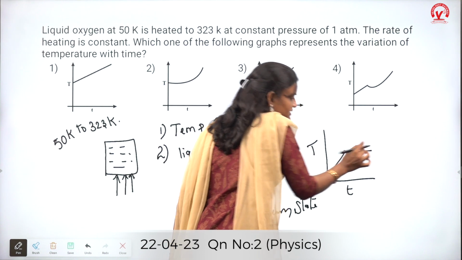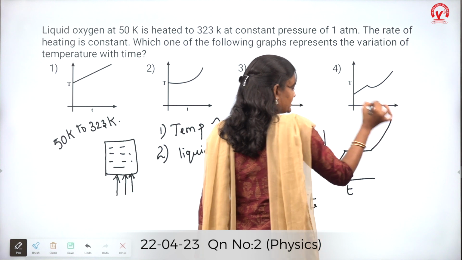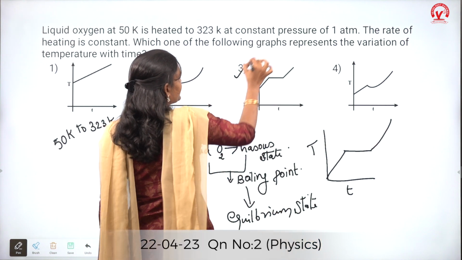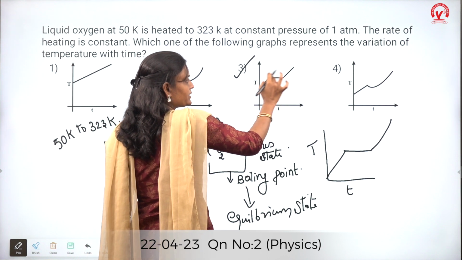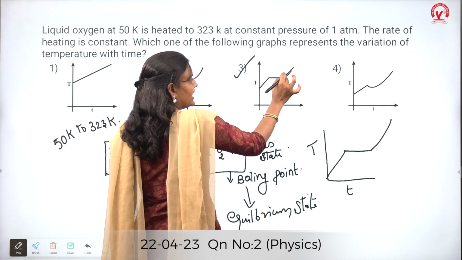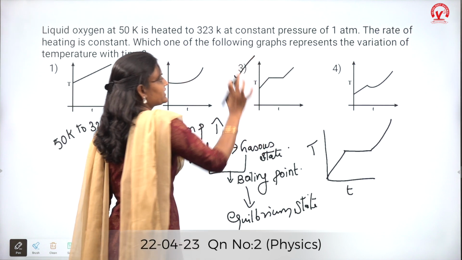The temperature is constant for a particular time, and then it increases here. So this is the graph we are getting. First the temperature increases, it becomes an equilibrium state and is constant, and then when you apply heat, it again increases. So this is the correct option.